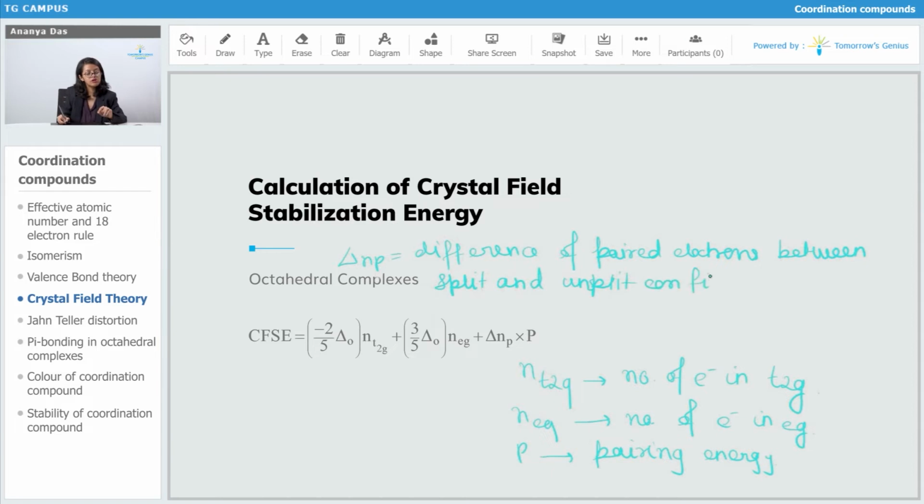How to find delta NP will be more clear if we actually do the configurations and calculate the CFSE. So we will see in which cases delta NP is applicable.